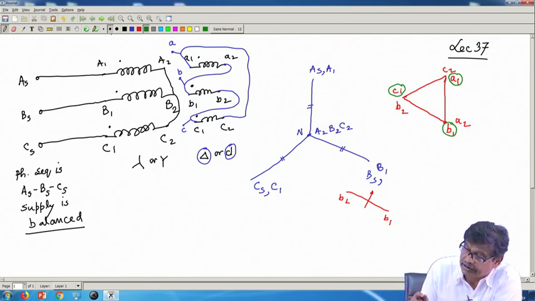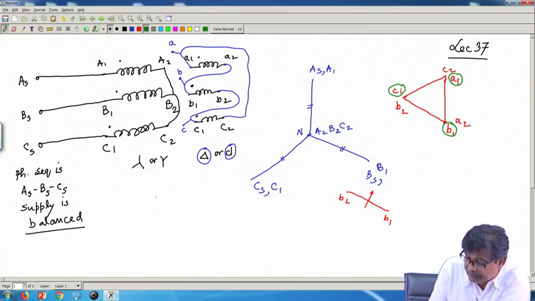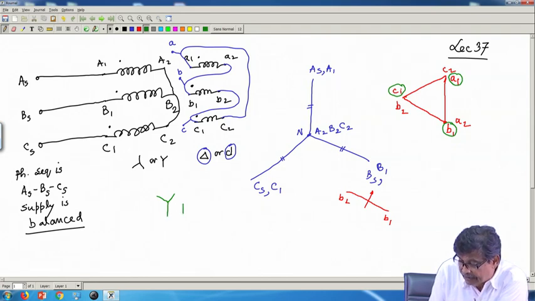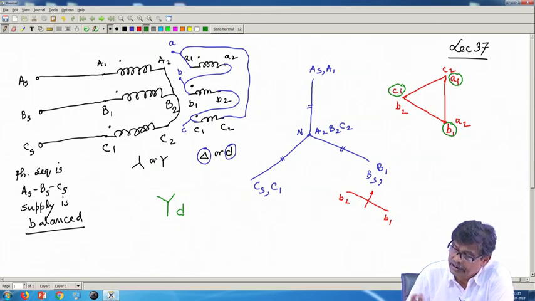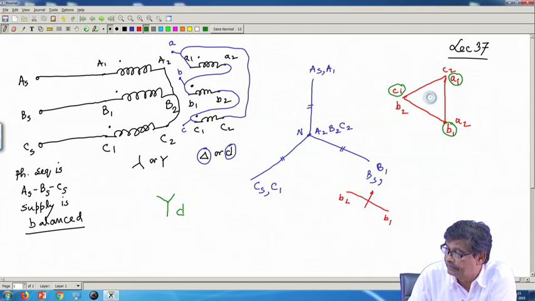Now, the question is, if you connect like this, I should write it as star, secondary is delta. Now, what is the phase angle? What should I write? While finding the phase angle, you can find out first where is the artificial neutral of the secondary side.